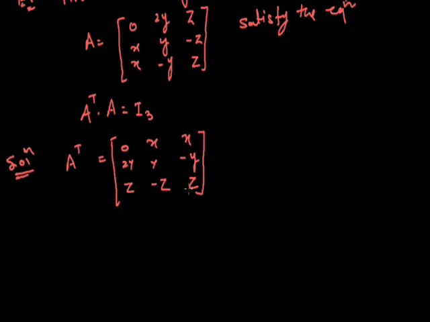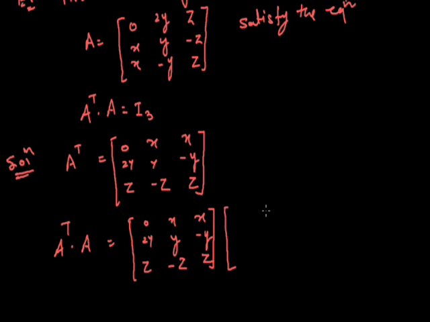Now A transpose is multiplied with A, so [0, 2y, z; x, y, -z; x, -y, z] times [0, x, x; 2y, y, -y; z, -z, z].